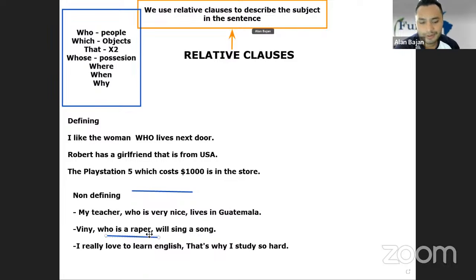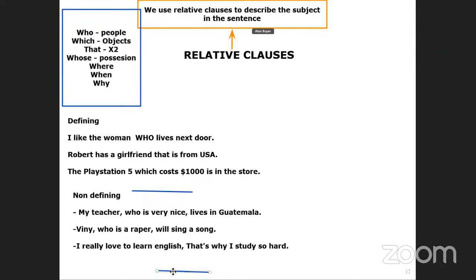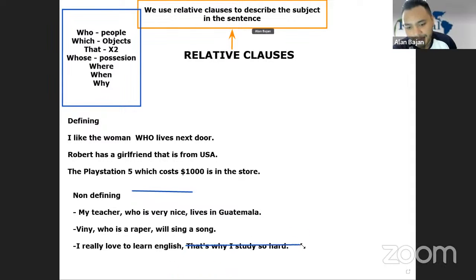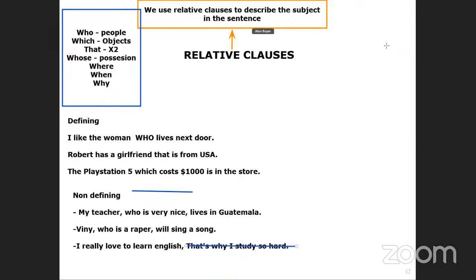What about number 3? Let's see, Emerson. What is the part I can delete on this sentence? I really love to learn English. That's why I study so hard. That's why. I can say I really love to learn English, but I'm adding extra information. That's why I study so hard.